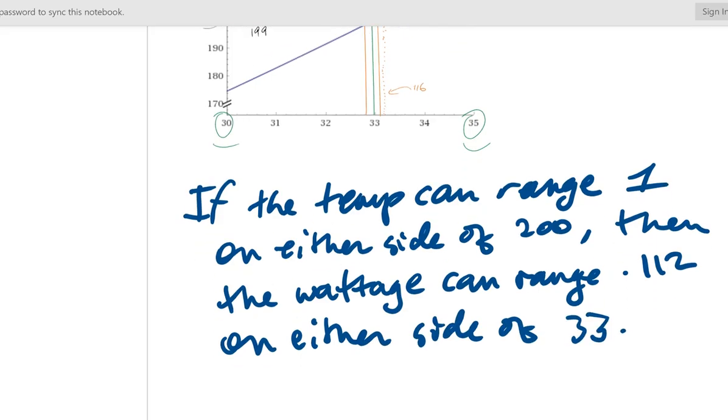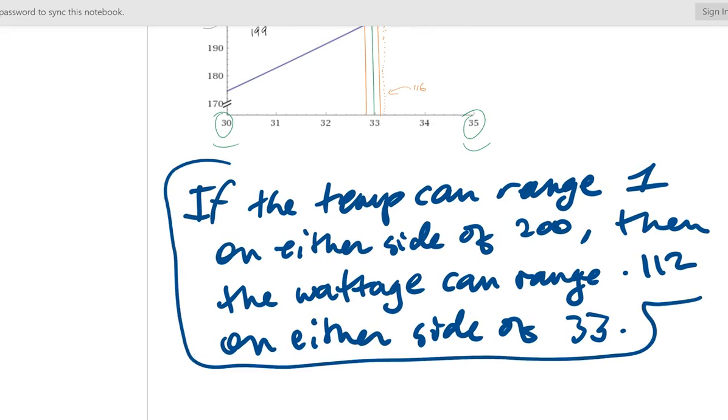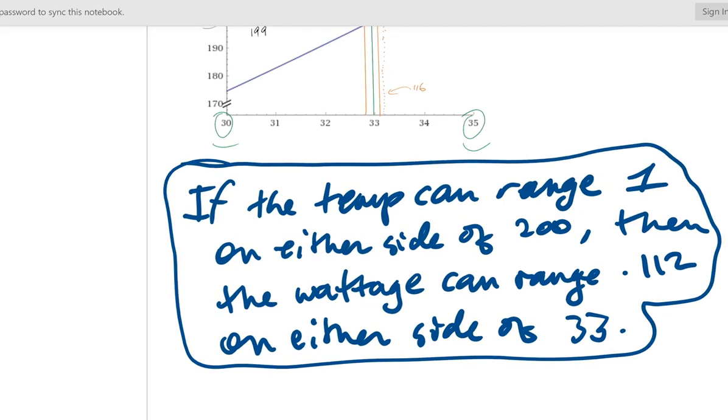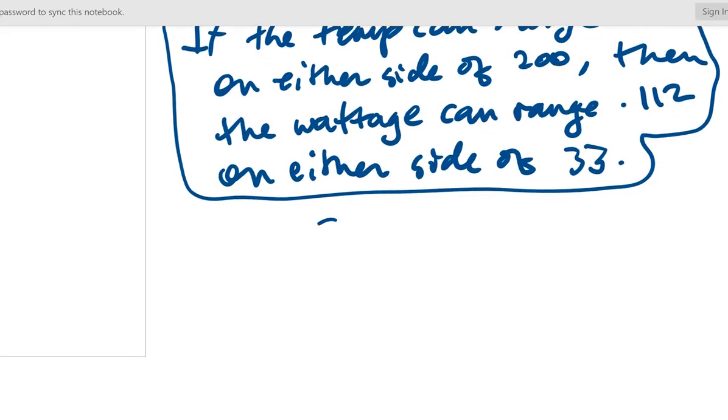And this is essentially an application of what's called the epsilon delta definition of limit.